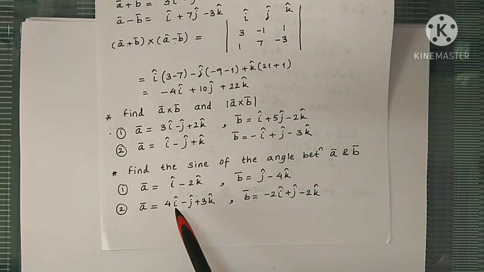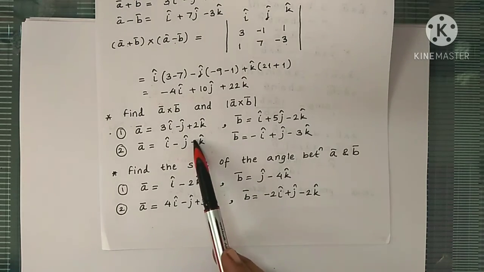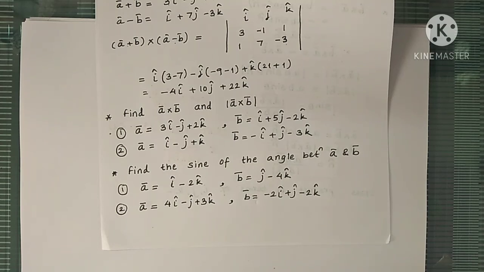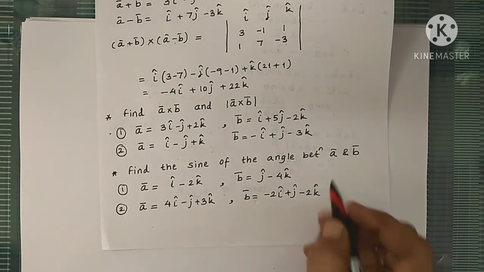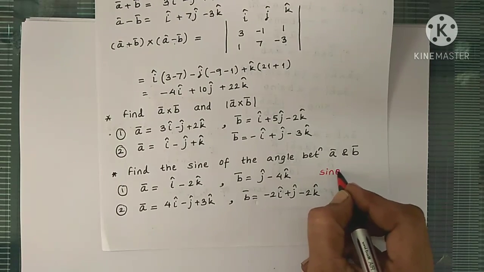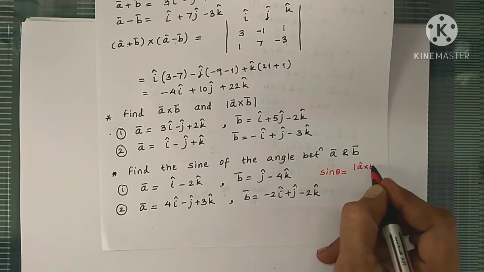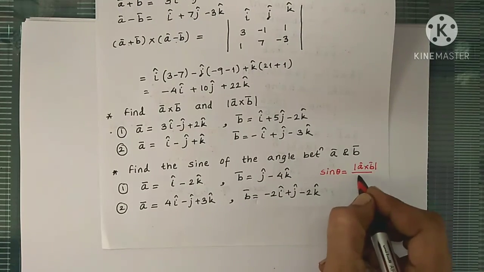In the next question, you have to find sine theta, that is the sine of the angle between a bar and b bar. So you have to repeat these steps: find a bar cross b bar and the modulus of a bar cross b bar, and use the formula for sine theta. Sine theta is the modulus of a bar cross b bar upon ab.